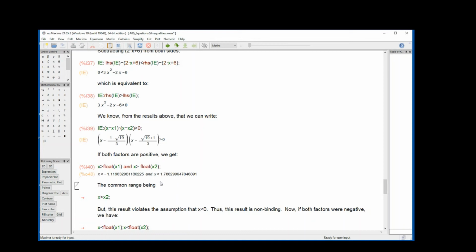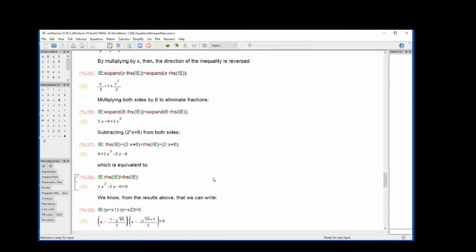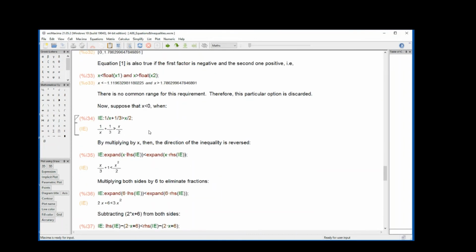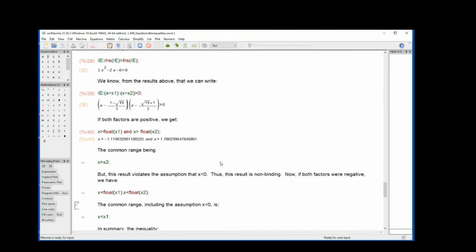With both greater than 0, we find that this satisfies a common range. But we have to keep in mind that we have assumed x less than 0 in order to simplify the equation.